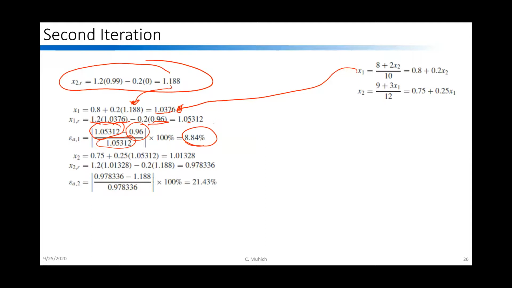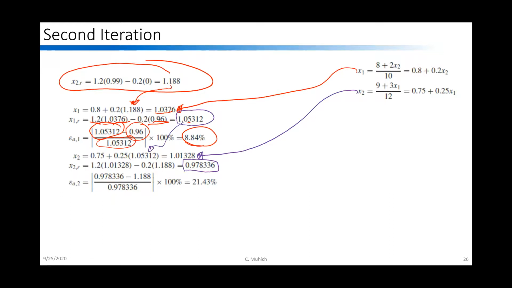Now we can start in on x2. So we can pull down the x2 equation and then use our best estimate for x1, this 1.053, in our x2 equation to predict a new x2. So that's 1.01. And we can use relaxation once again to get a new enhanced value.